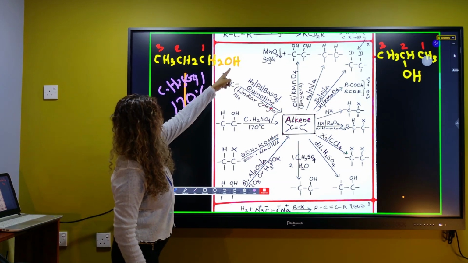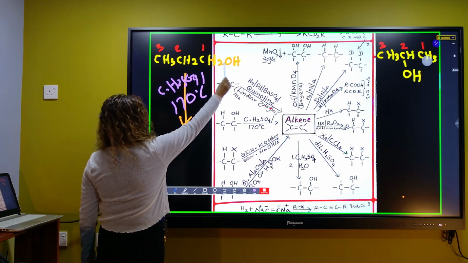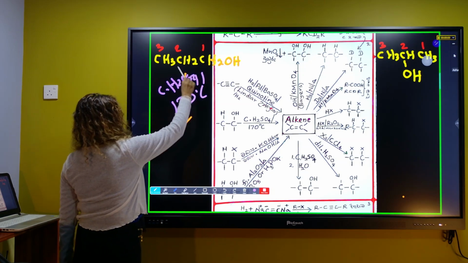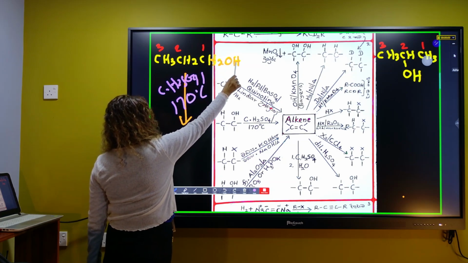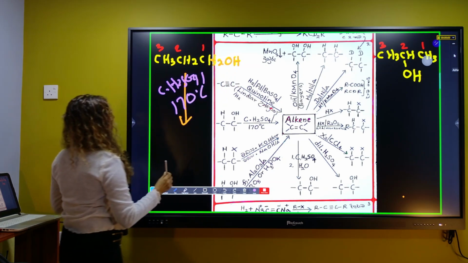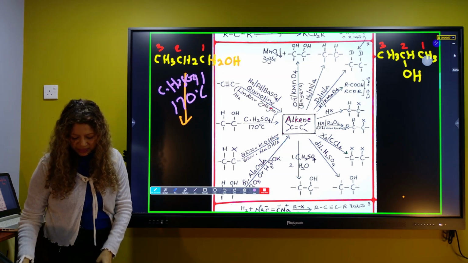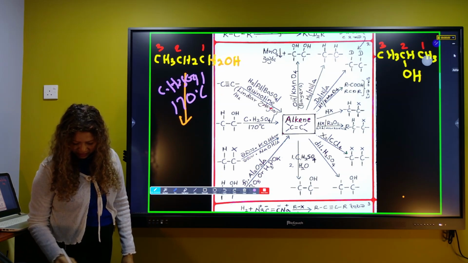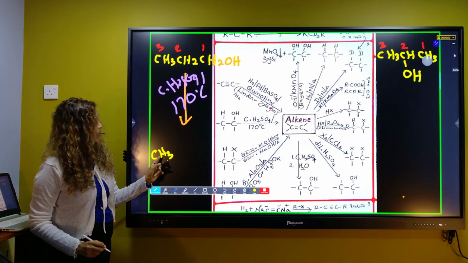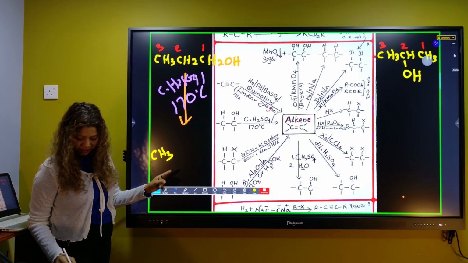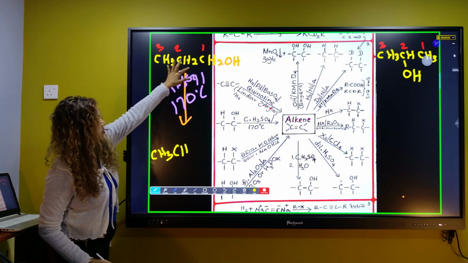This OH gets away with one of the hydrogens of the second carbon. This OH belongs to the first carbon, and this CH2 is the second carbon. The third carbon is not changing, it exists as the same CH3. On the second carbon, one of the hydrogens is getting away, so that becomes CH, not CH2 anymore.